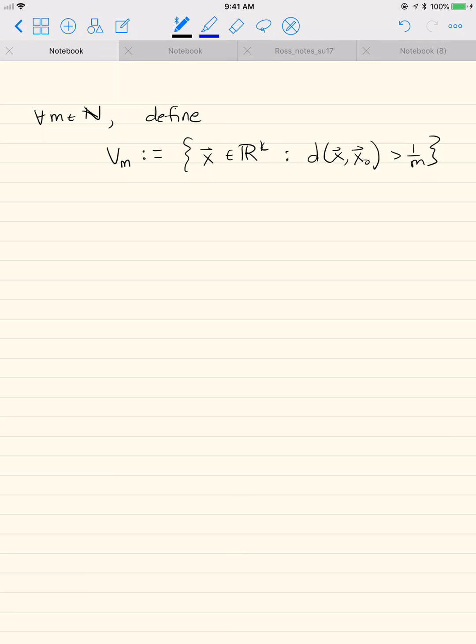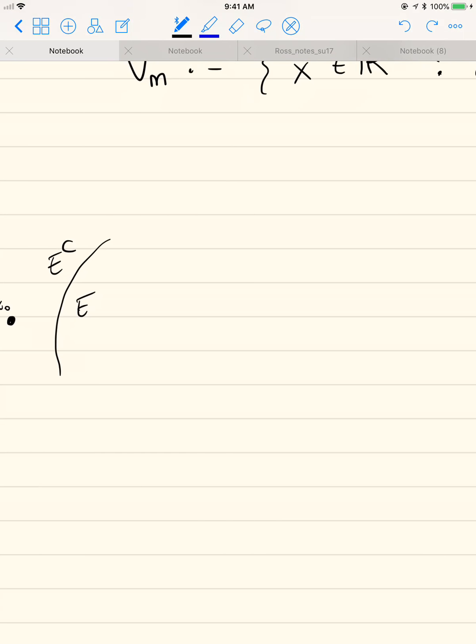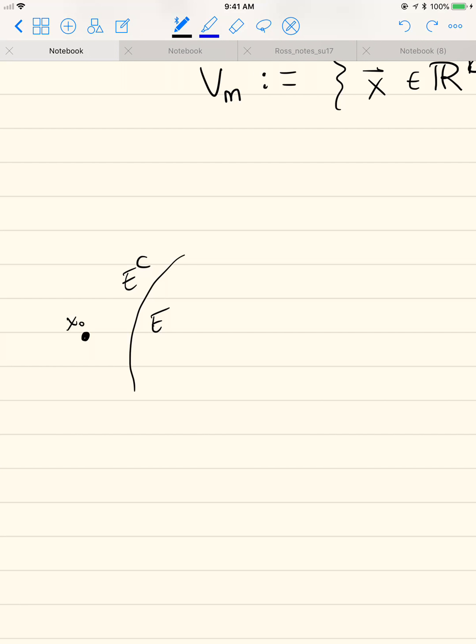So now what does this look like? Here's our picture. Suppose this side is E, and then on this side has to be E complement, and let's say this is our x naught. V sub m is going to be the set of points whose distance from x naught is more than 1 over m.